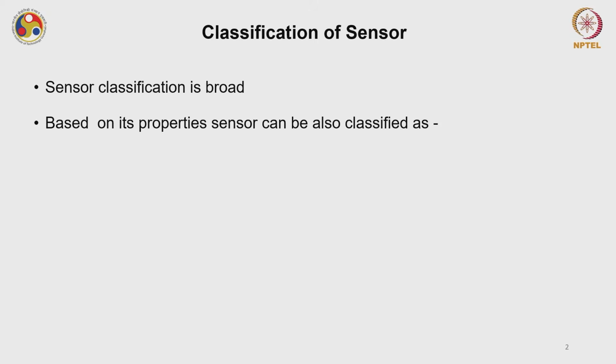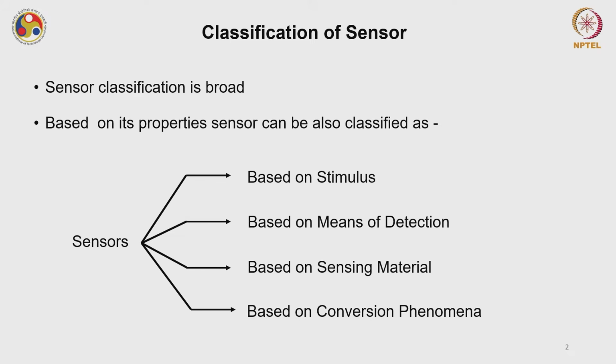In the first lecture we were discussing different types of sensors. We have classified sensors based on various parameters, and we have seen that this classification of sensors is really broad. Based on its properties, it can be classified under various heads, like based on stimulus. We have seen the definition of stimulus, which is similar to measurand in the previous class.